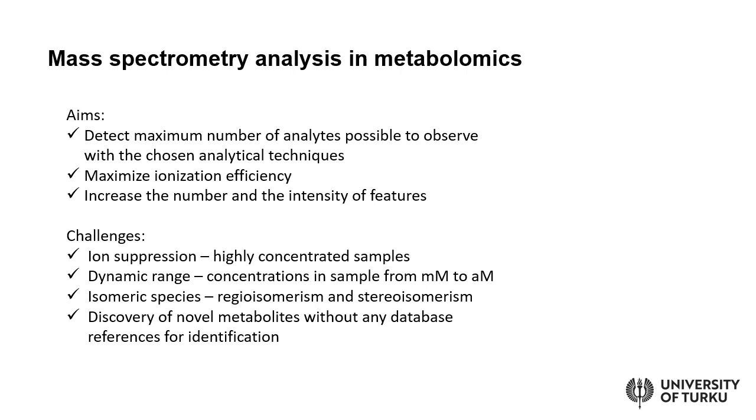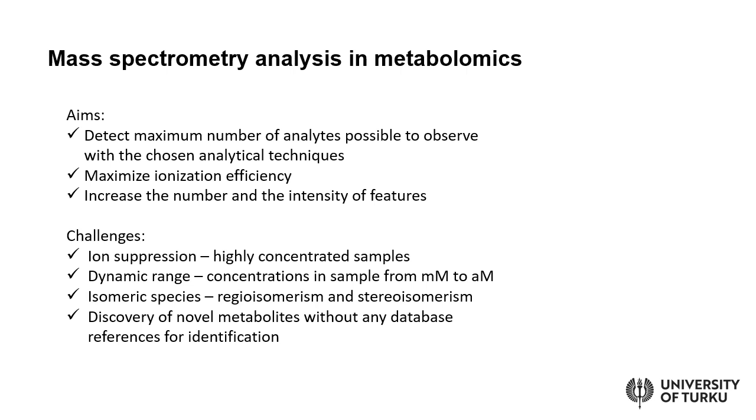So I hope I have now demonstrated the usability of mass spectrometry, but just to conclude here, why we want to utilize it in metabolomics. Naturally, to detect the maximum number of analytes, compounds, that is possible with the chosen analytical techniques.